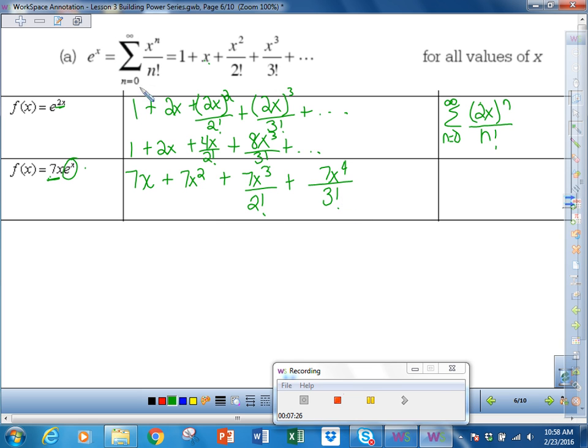Okay. And again, how would I write that as an nth term? I would have 7x times x to the n over n factorial, which could be written as 7x to the n plus 1 over n factorial.